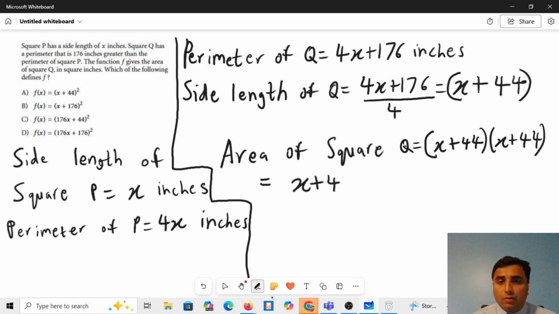We are told that function f gives the area of square Q, which is what we have right here. Which of the following defines f?